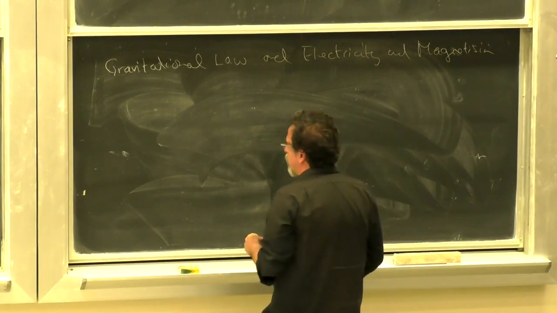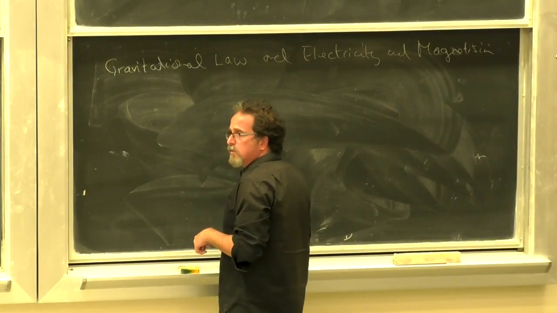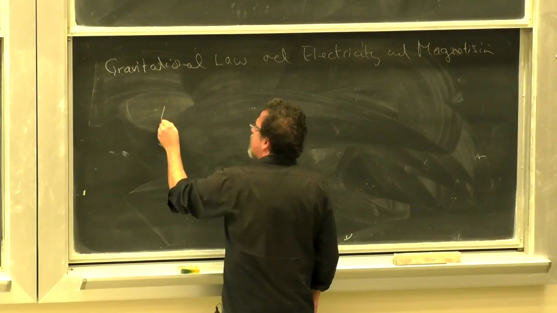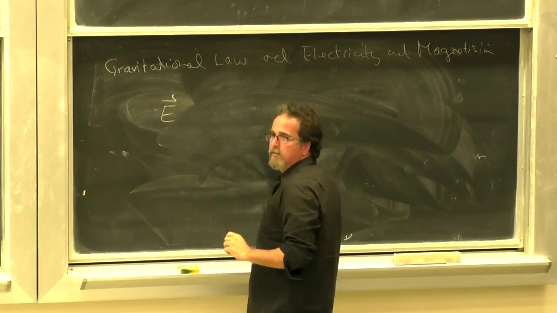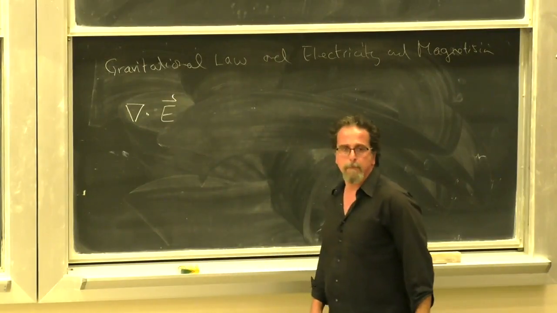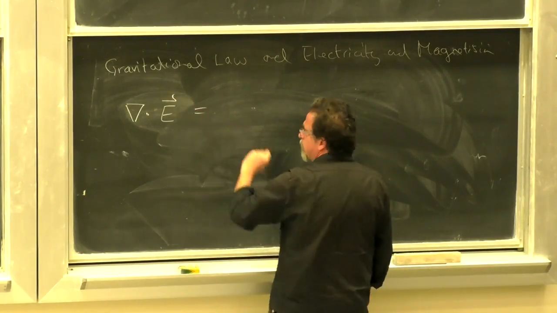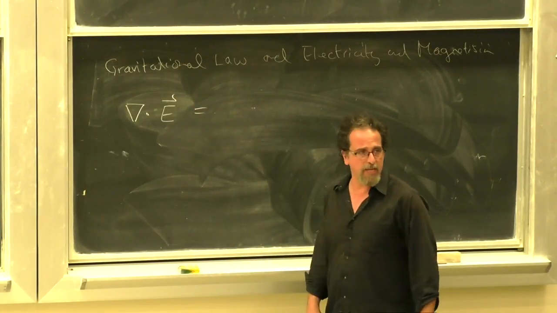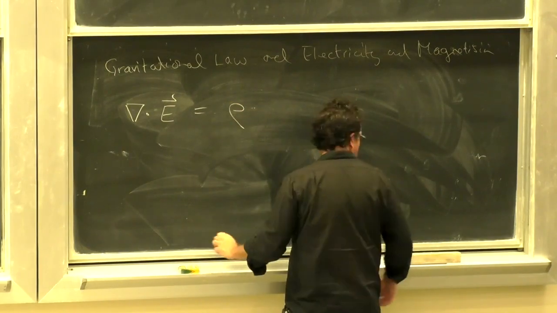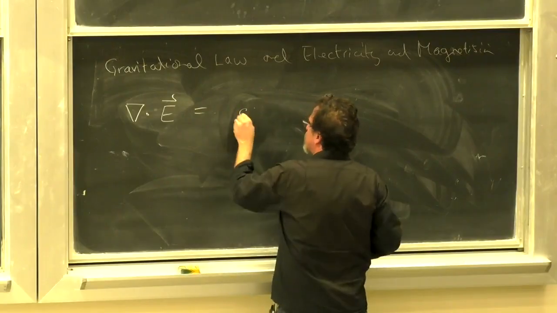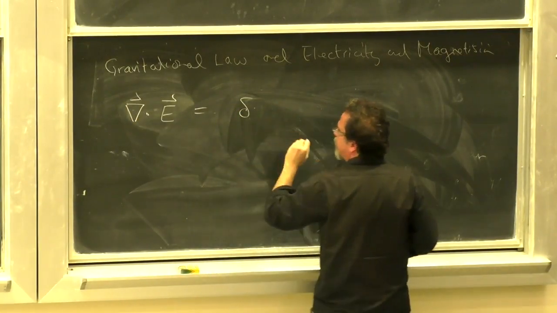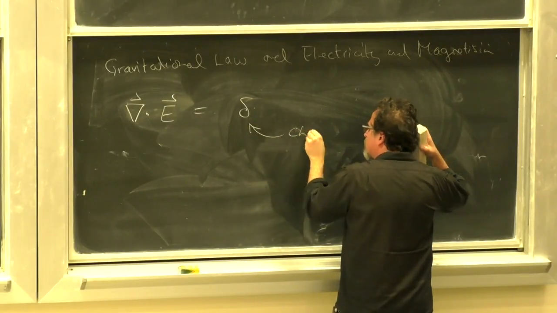I'll just do it for the electrical vector, the electrical force. What you have is that if E is the electrical field, the divergence of E is equal to the charge density. Now I'm going to use delta: the divergence of the electrical vector field is equal to the charge density.